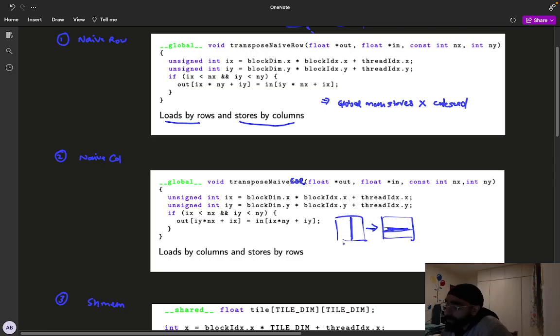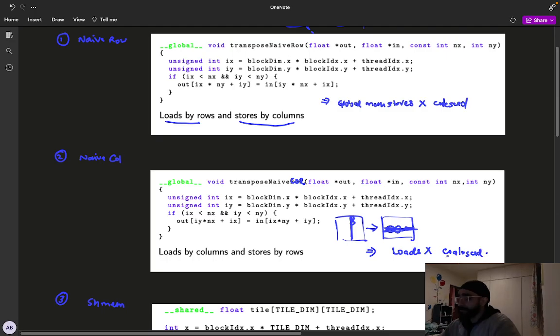Here, although the global memory stores are coalesced, with consecutive threads storing to consecutive memory locations in the output matrix, consecutive threads access non-consecutive data locations in the input matrix. So the problem is that global memory loads are not coalesced.